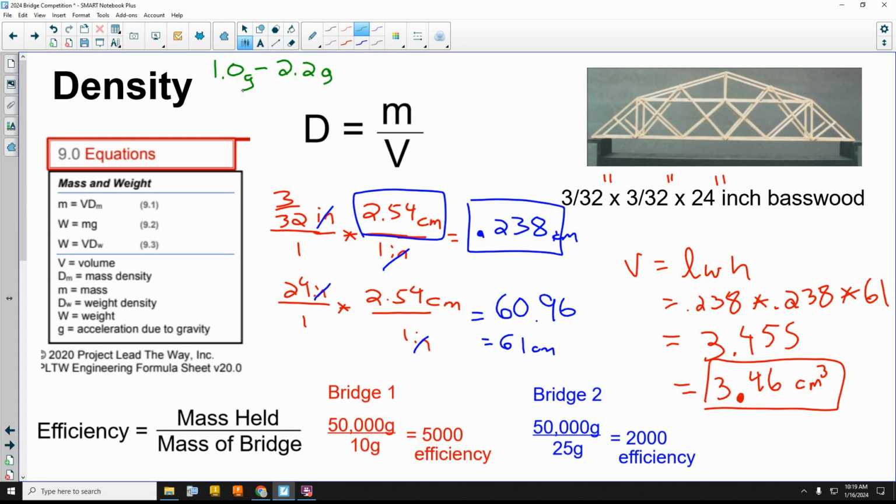So the thing that makes the most sense is the average of all those pieces. The average of that would be like 1.6. So if we do 1.6 grams divided by 3.46 centimeters cubed, that's your mass divided by volume for your density. 1.6 divided by 3.46, okay, that is 0.462.